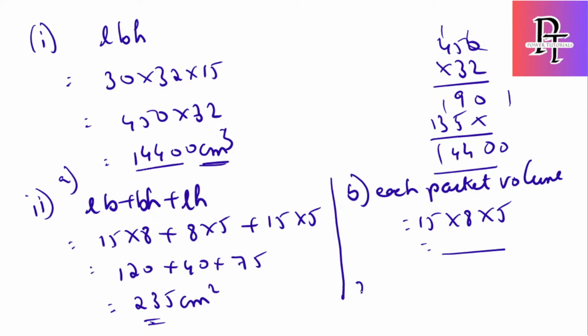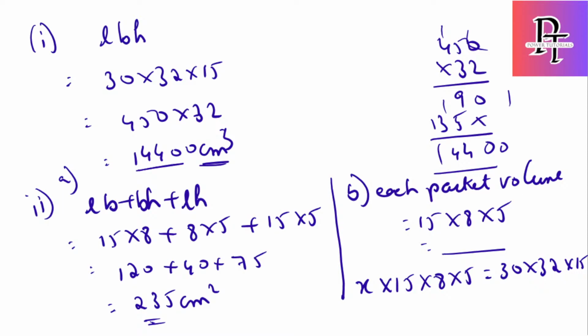So simply if I keep x into 15 into 8 into 5, this should be equal to the total volume of the carton, which is 30 into 32 into 15, so that you can easily cancel out. That's why I kept it like this.